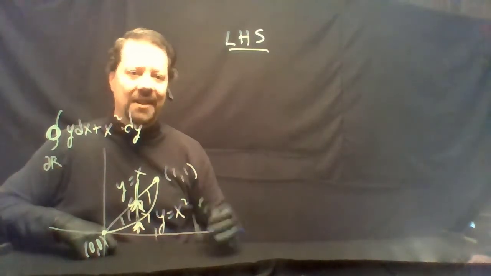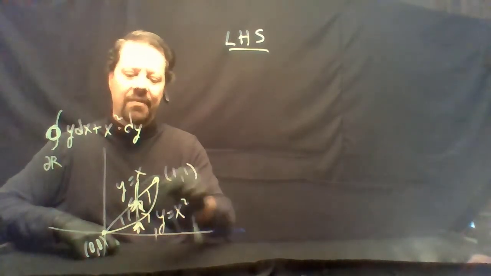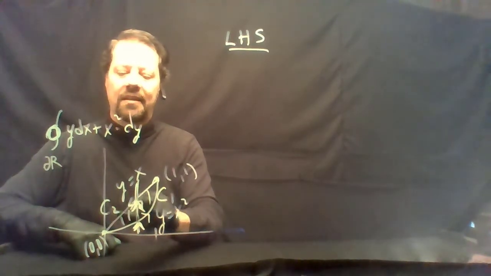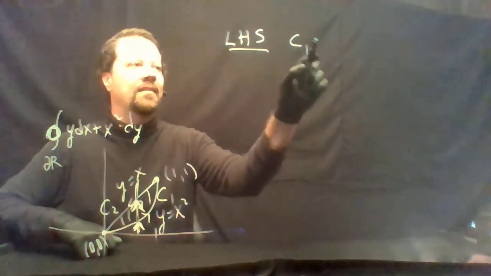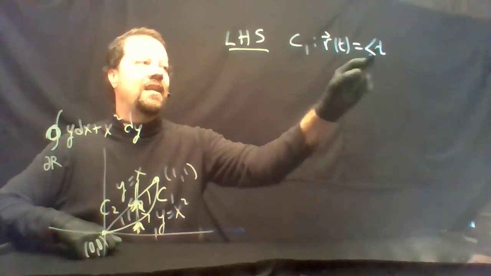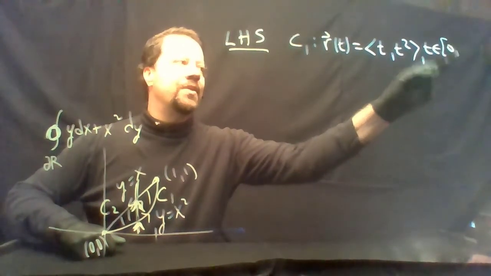Let's check that we also get 0 on the left-hand side. On the left-hand side, the boundary of the region can be decomposed into two curves, curve 1 and curve 2. On curve 1, we'll parameterize it as t squared, where t goes from 0 to 1.